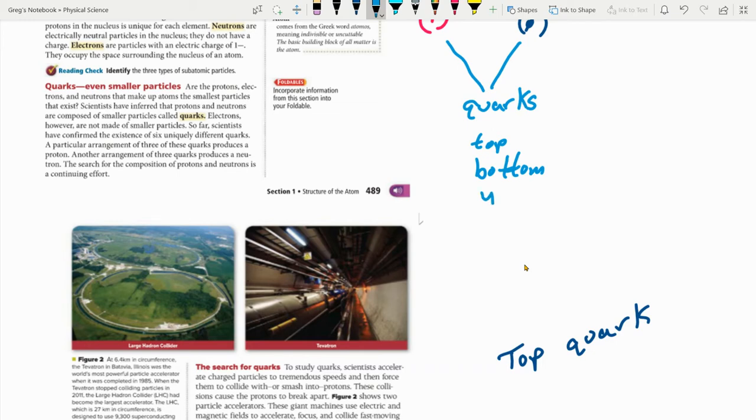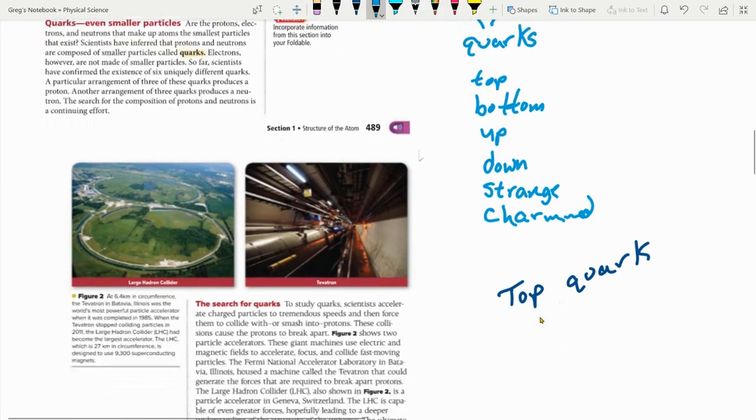There is the up quark and the down quark, and then my two favorite: the strange quark, and the charmed quark. All right, so top, bottom, up, down, strange, and charmed.